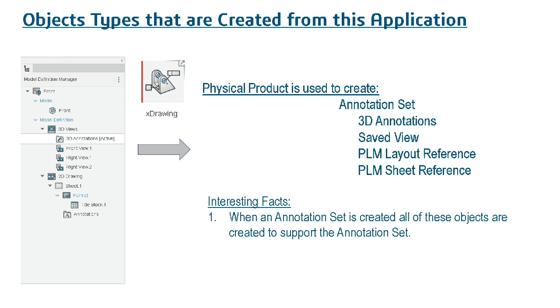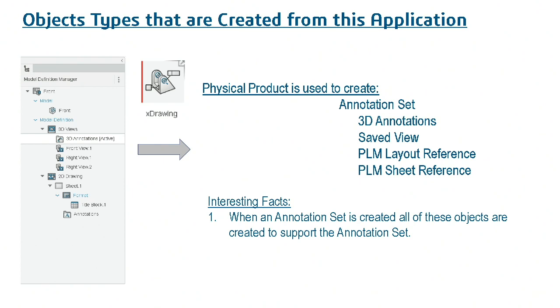And then we have X Drawing. It came online a couple years ago. X Drawing is a little bit different. X Drawing is actually taking the physical product, bringing it into X Drawing, which gives you all of your design information, and when you actually save that to the collaborative space, you create a set of objects, and the parent of it is the annotation set.